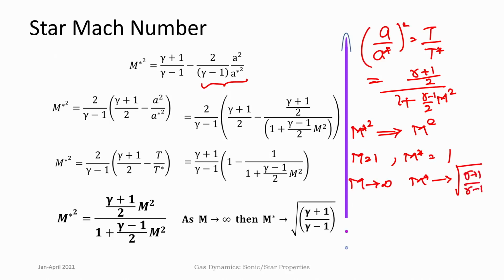So it goes to a finite number, and very soon when we discuss shock waves, this star Mach number is useful to derive relations in the shock equations. It goes to finite values even when Mach number goes to infinity.